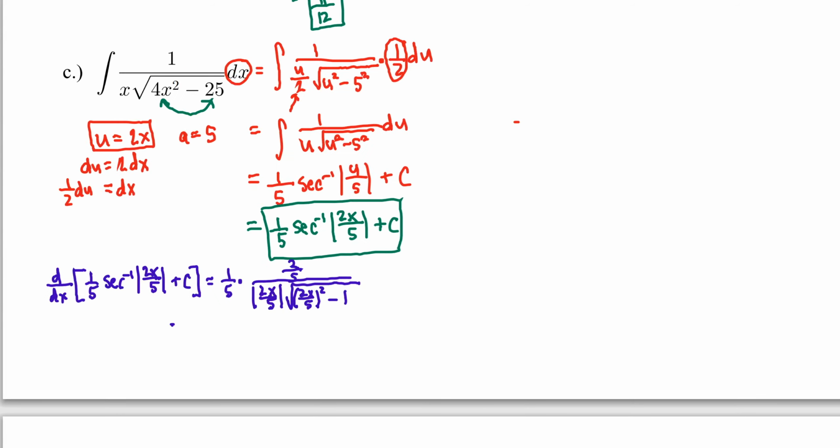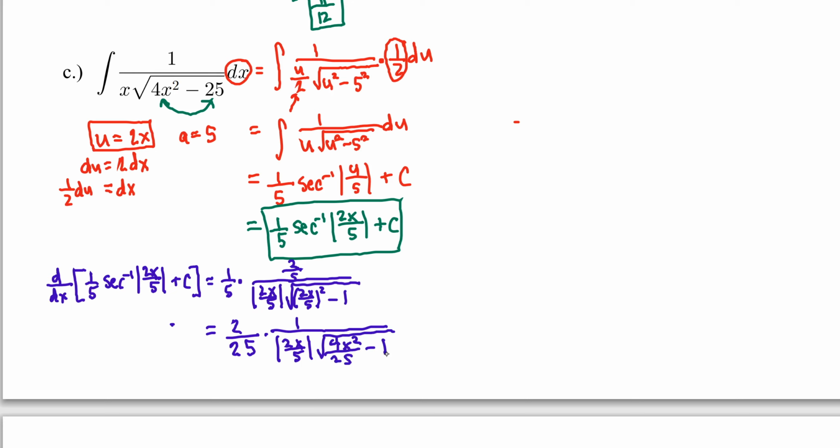Now, if we multiply our two coefficients together, we have 1/5 times 2/5. I'm going to multiply that out here, call it 2 over 25, and then clean it up just a bit. Absolute value of 2x over 5. Let's go ahead and square this to get 4x squared over 25 minus 1.